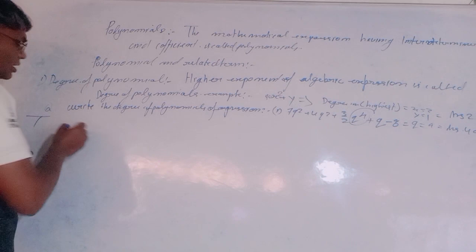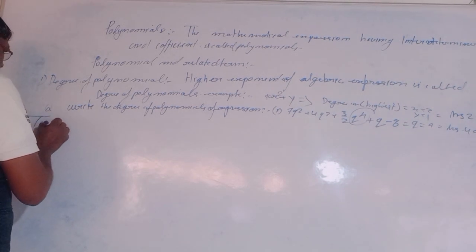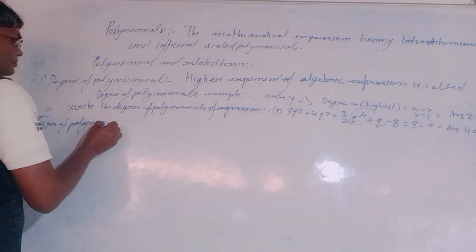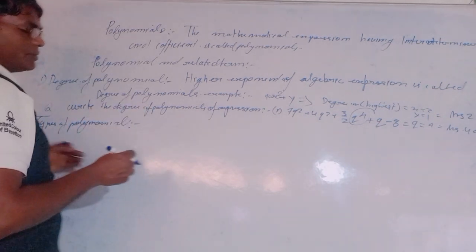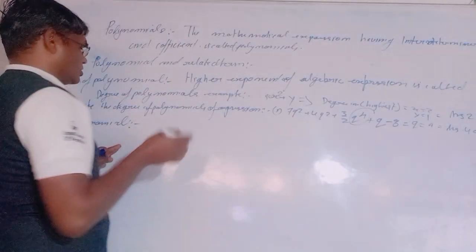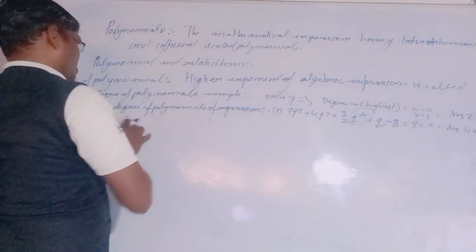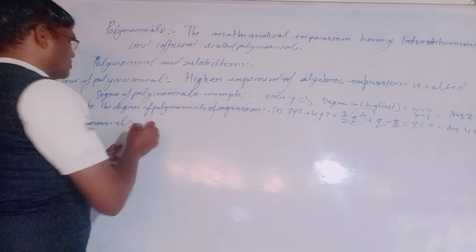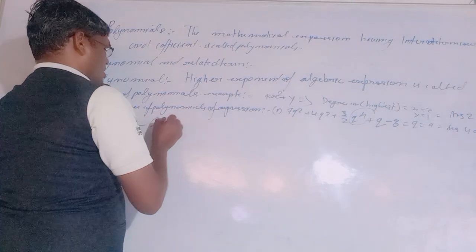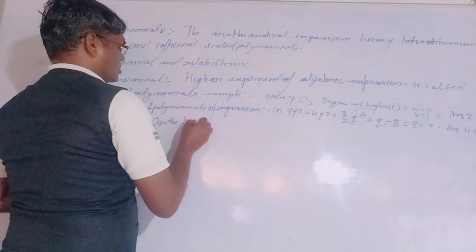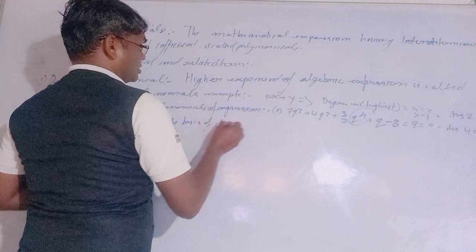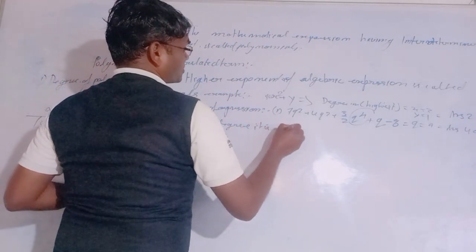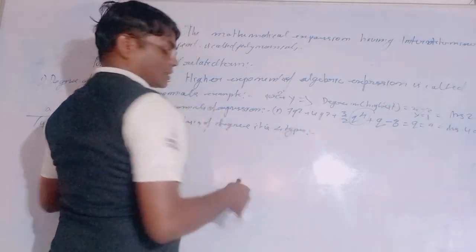On the basis of degree, we will take the types of polynomials. Here are the types of polynomials on the basis of degree. There are 4 types, as we study.